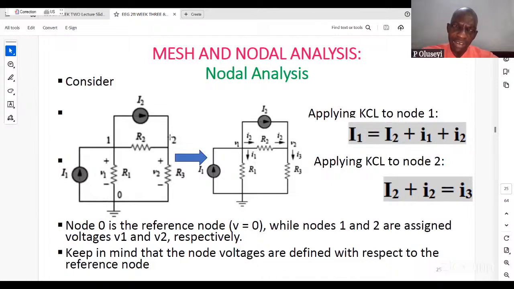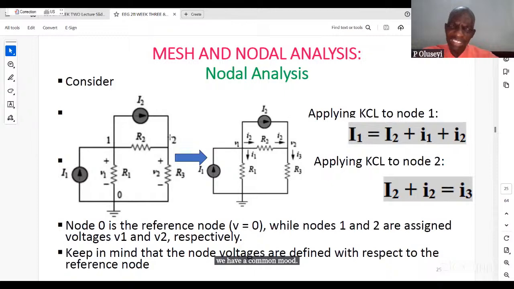We now have junction 1, where I1, I2, R1, R2 have a common node. And then you have junction 2, where R2, R3, and I2 have a common node.